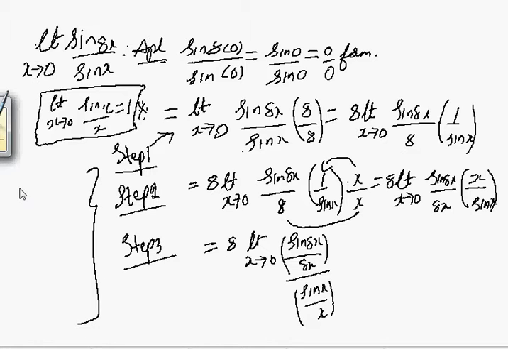Suppose you have a quantity like this, A over B times C over D, right?